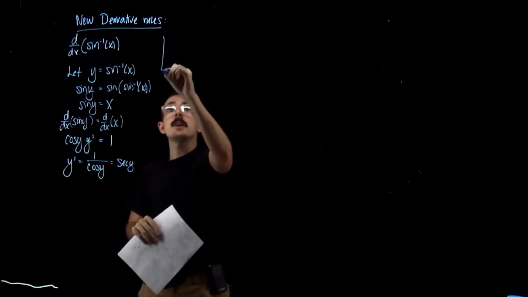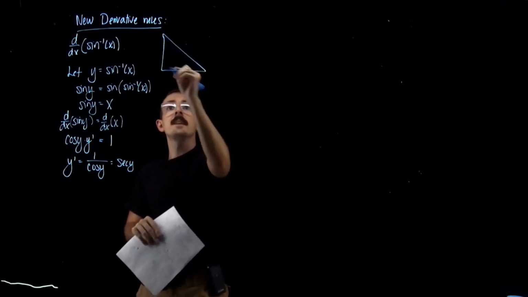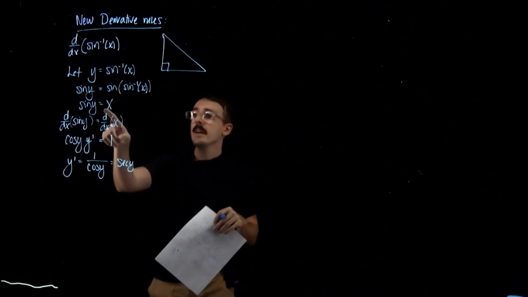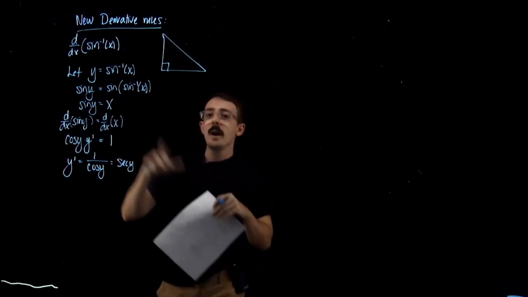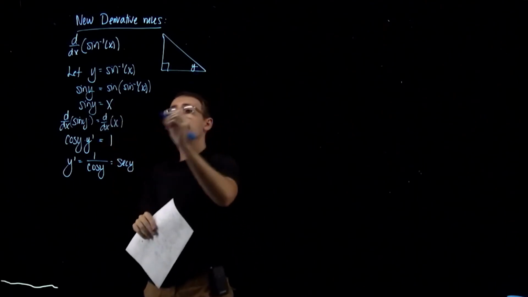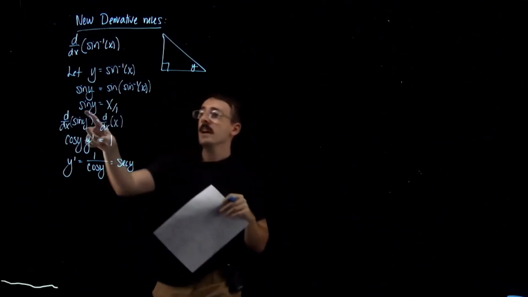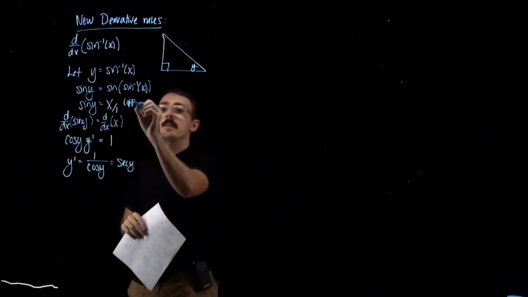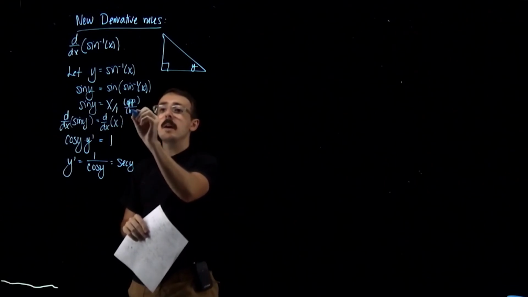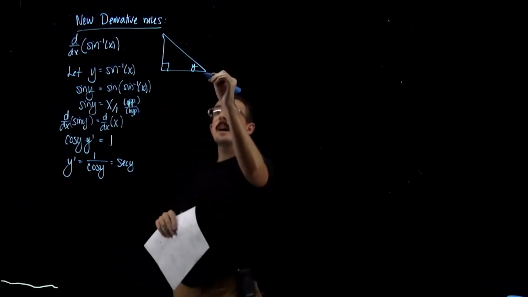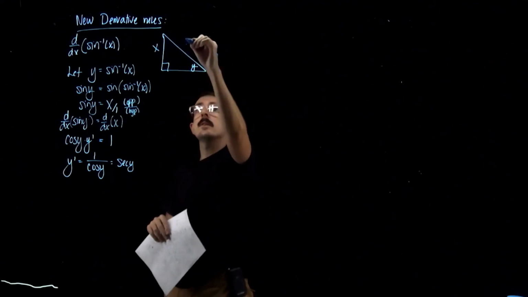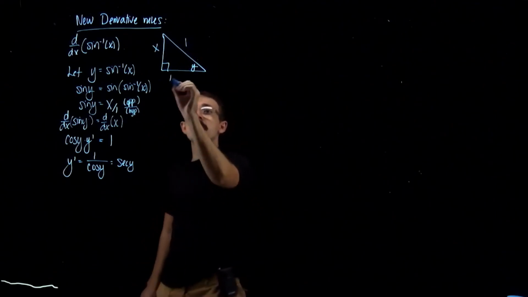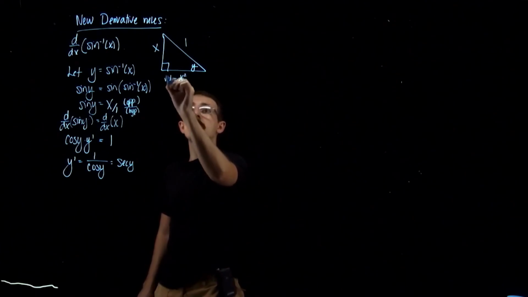I'm going to draw a triangle. My angle here is going to be y, and I know that sine of y is x over 1. Sine is opposite over hypotenuse. If you use the Pythagorean theorem, you'll see that the other side is the square root of 1 minus x squared.